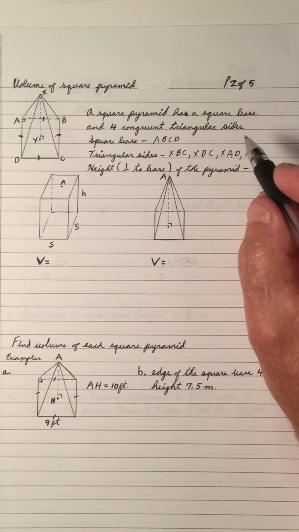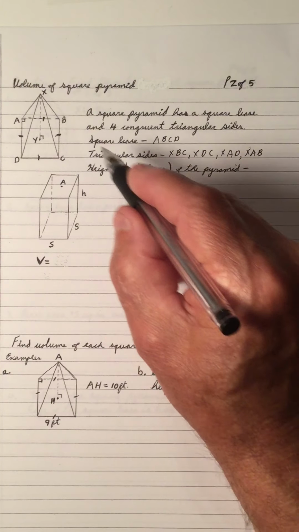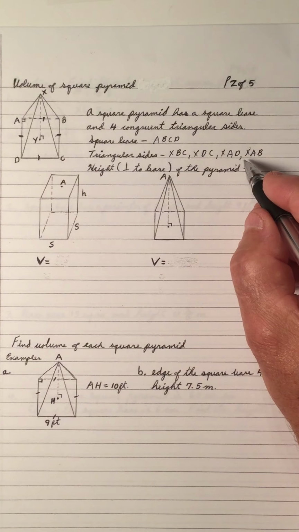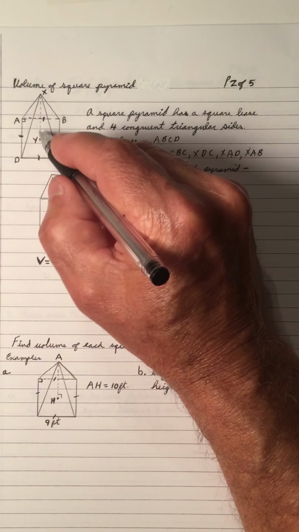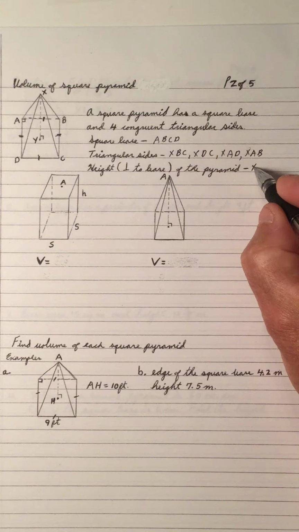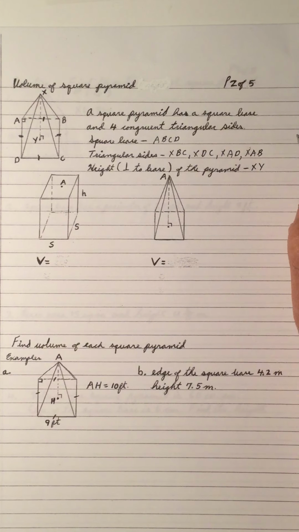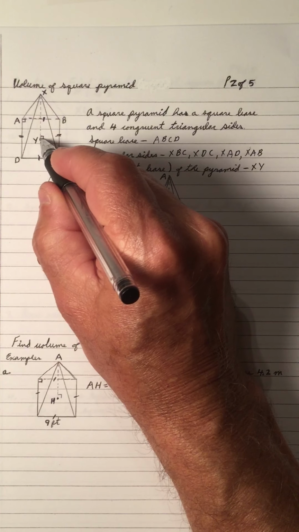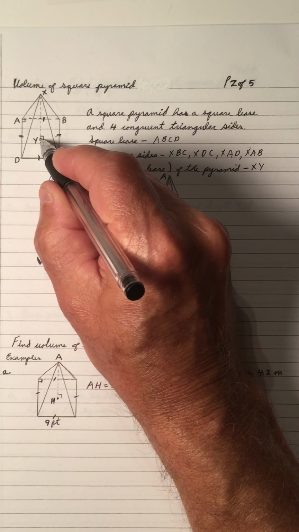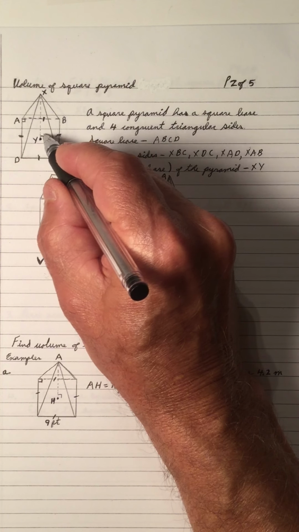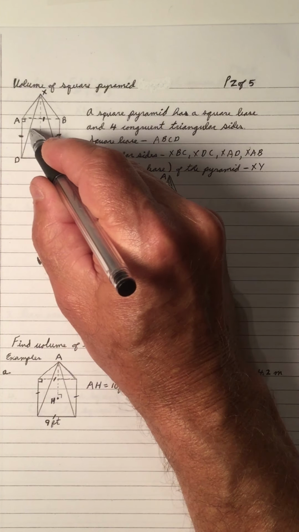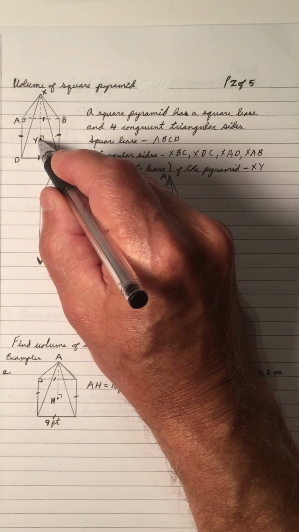They are the same. And the height is perpendicular to the base, and so the height is XY, perpendicular to the base, and it hits the base right in the middle. That's the midpoint between these two diagonals, the midpoint of this diagonal, so it's right in the middle.